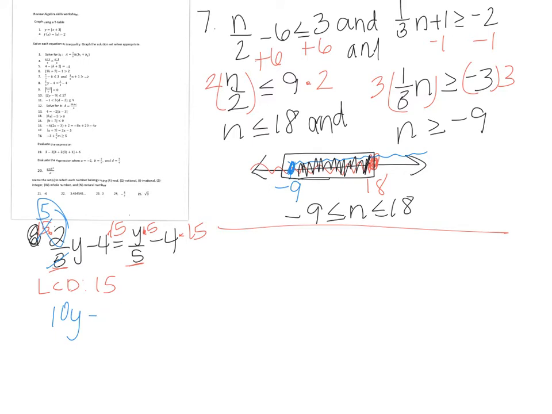It's kind of a messy 60. Let's write that again. And then 5 goes into 15 3 times. 3 times y equals 3y minus 60.